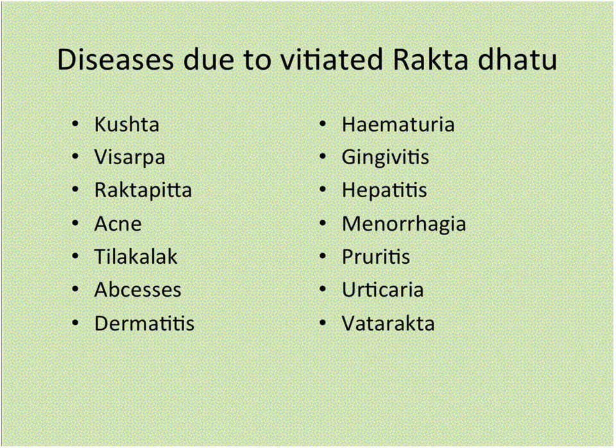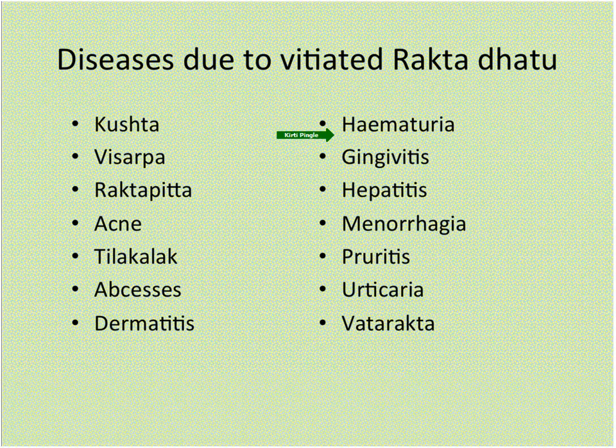Then abscesses, dermatitis, that is skin infections, hematuria, that is blood while urinating, then gingivitis, bleeding through gums, hepatitis, that is inflammation of the liver, then menorrhagia, again heavy menstrual bleeding with sharp pain, then pruritus, meaning formation of pustules over the skin, urticaria, and Vata-Rakta.